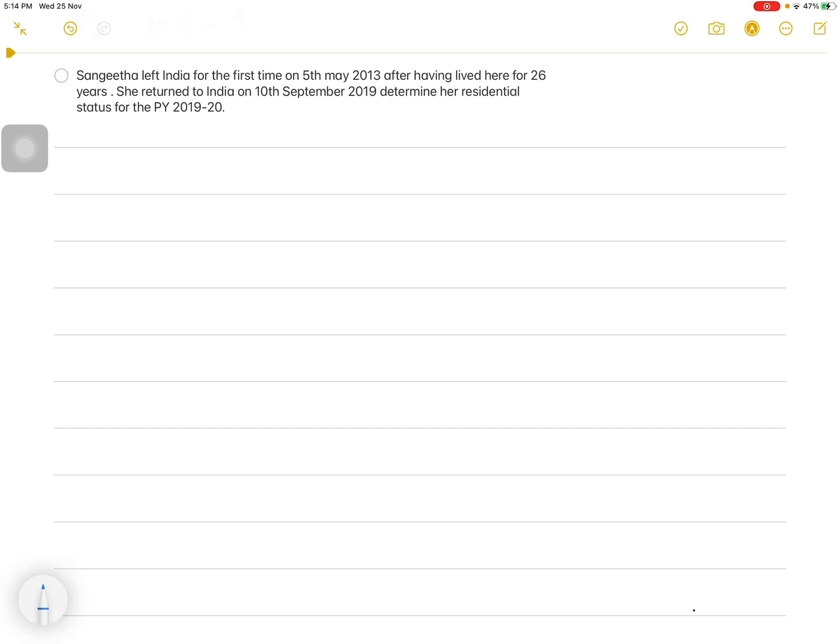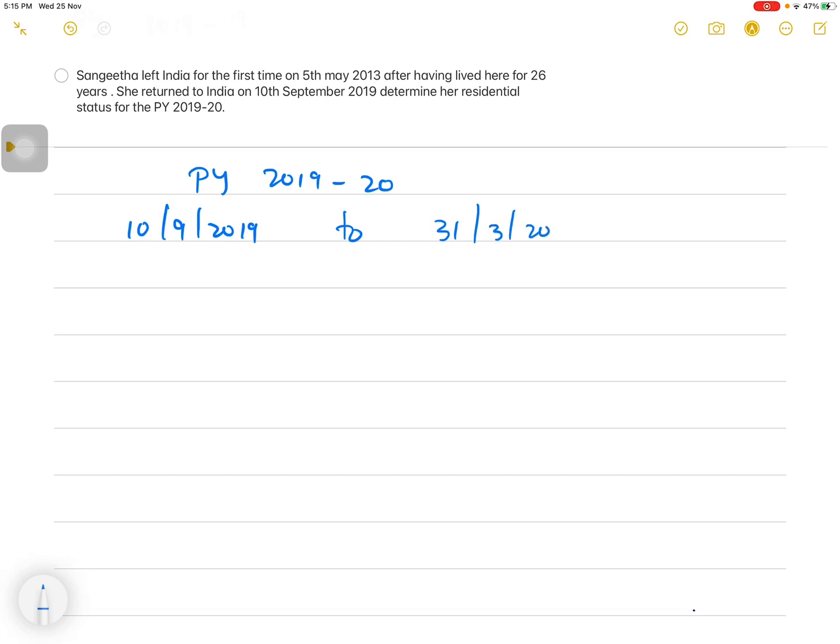During the previous year 2019-20, she came to India on 10th September 2019 and I believe she stayed in India only. So she was in India from 10th September 2019 to 31st March 2020. So September, 9 days out of 30 days she was not in India, so that means 21 days.